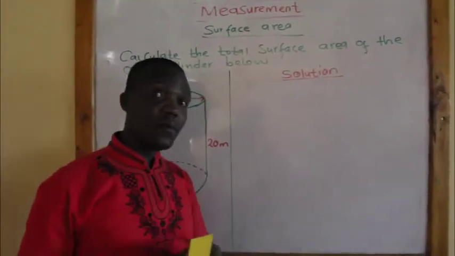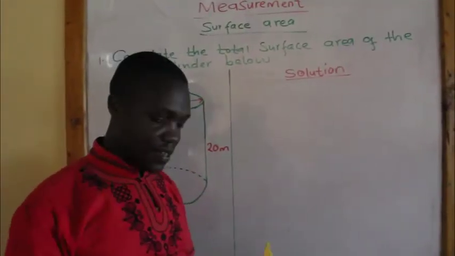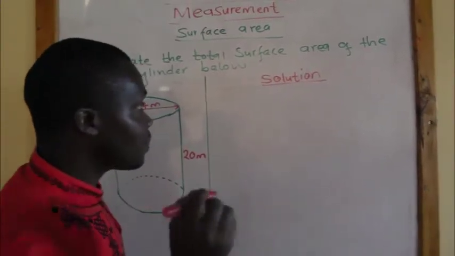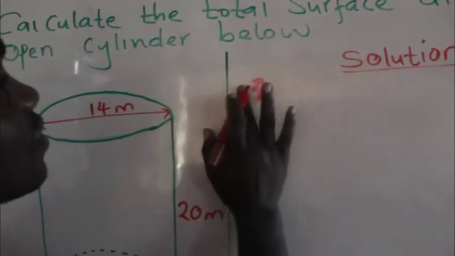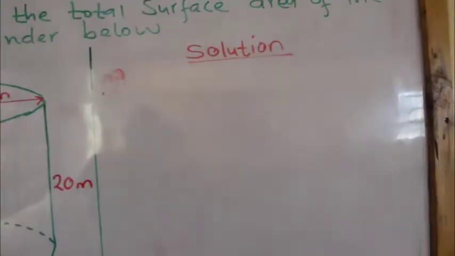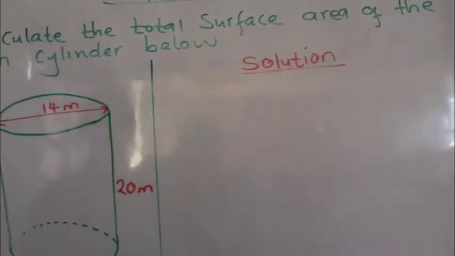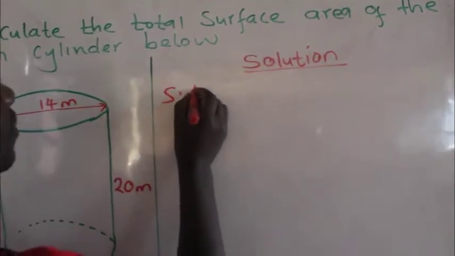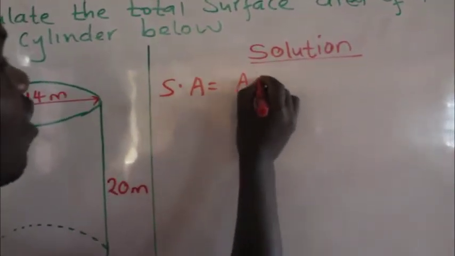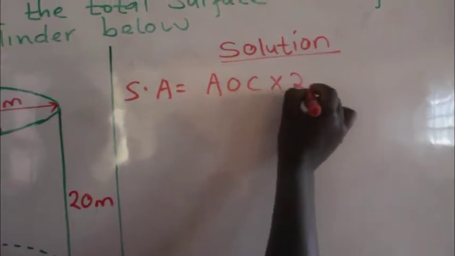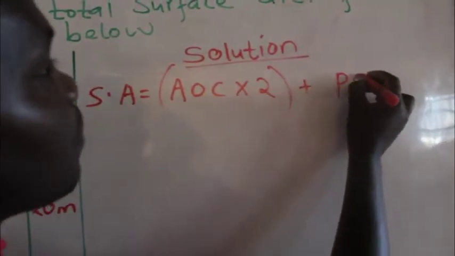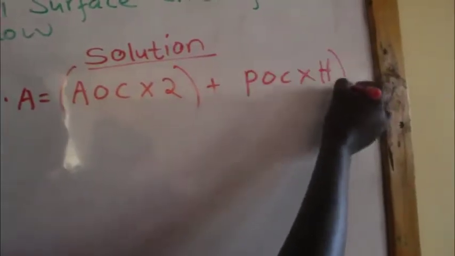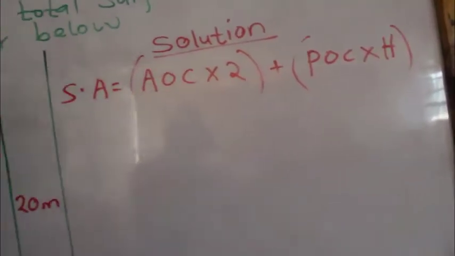But there is a formula I gave you in our previous lesson, and I would like to repeat it. Surface area is equal to the area of the cross section times 2, plus perimeter of the cross section times height. I believe now this formula has become your song.